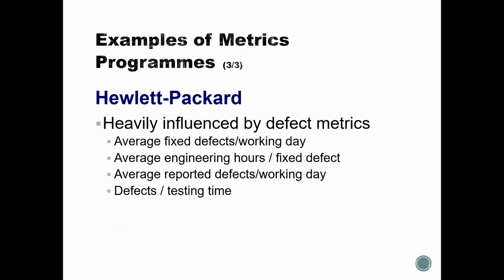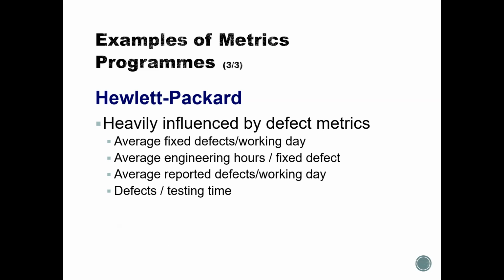Similarly, if I talk about Hewlett Packard, they are more concerned with how many defects are fixed per day, what the average engineering hours are, how many people are fixing these defects, defects per testing time, and so on.